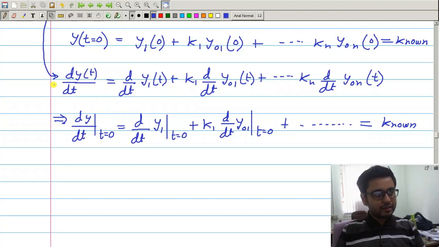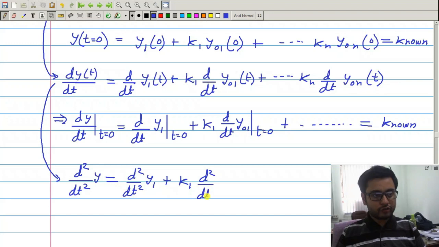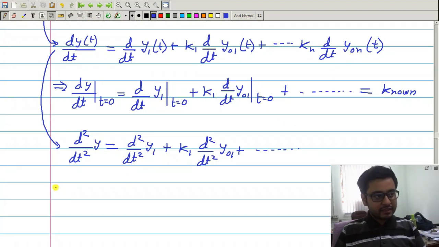So this way you can differentiate this equation once again and write the second derivative of y equal to the second derivative of y1 plus k1 times the second derivative of y01 plus the other terms up to the nth term, and then you put t equal to 0.